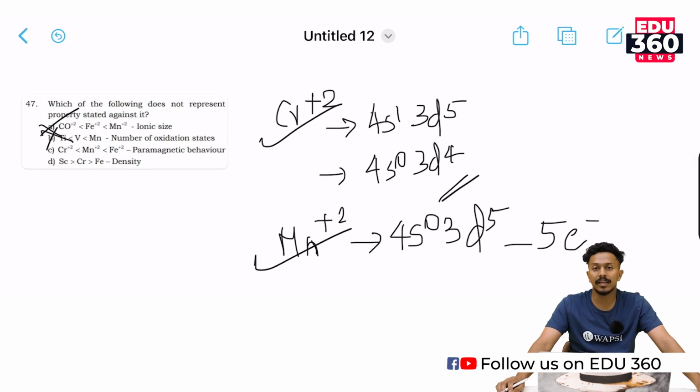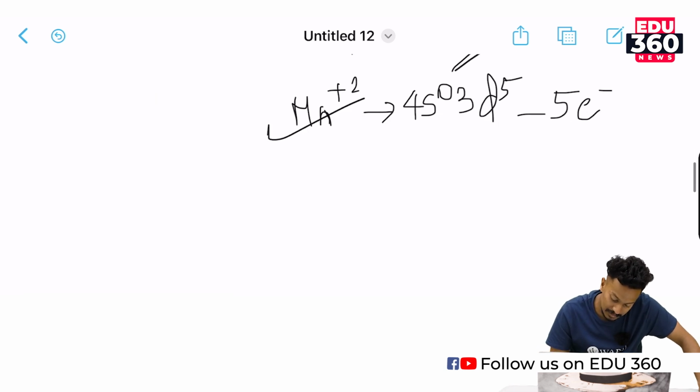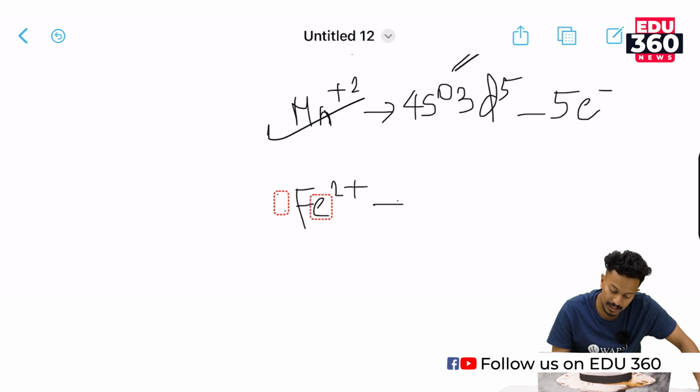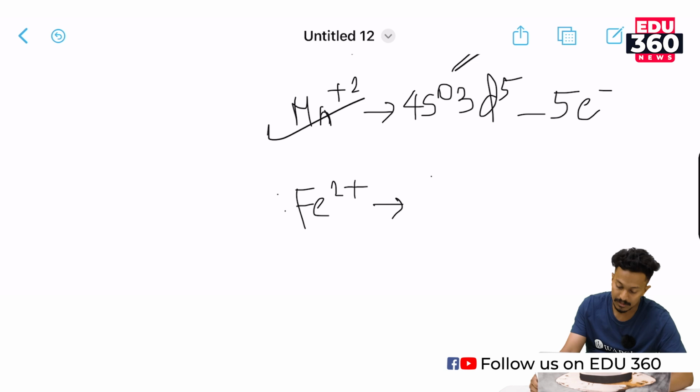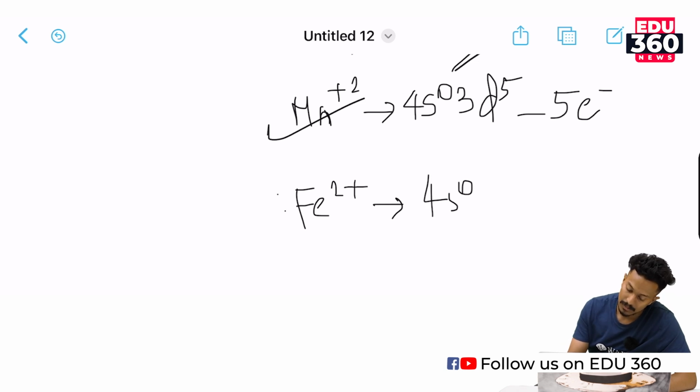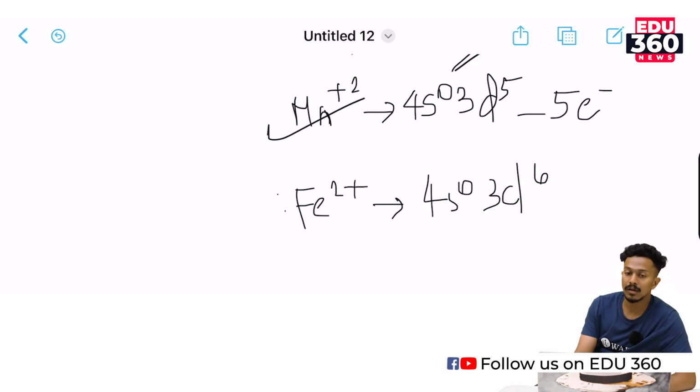Chromium is paramagnetic, manganese is paramagnetic, and lastly Fe2+, which has 4s0 3d6, which has 4 unpaired electrons.